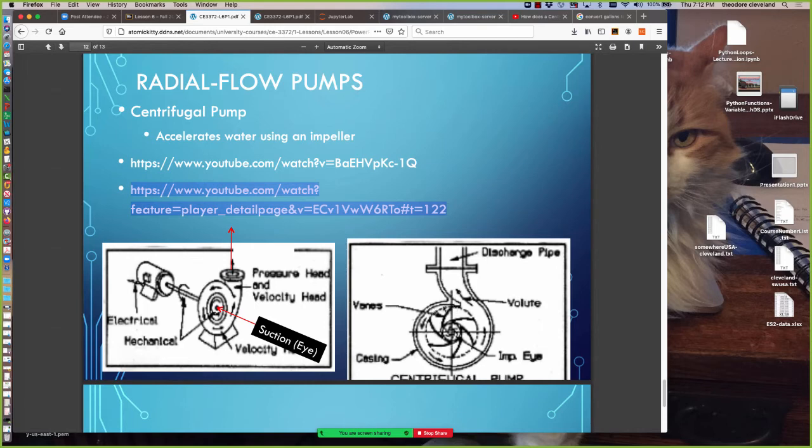It kind of looks it from the outside, but it actually is an increasing radius curve, so that the distance from the eye to the left edge in this diagram is smaller than the distance from the eye to the right edge. And that's how the water, when it has the added centrifugal energy, is directed to the discharge pipe.